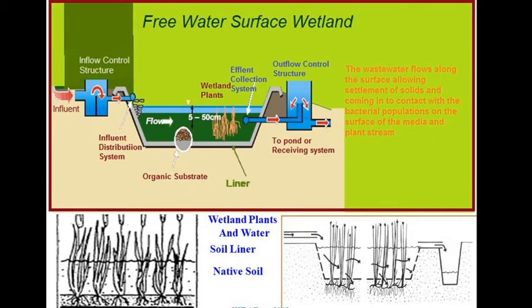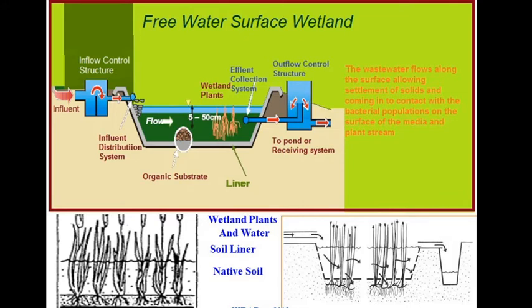Next you can see the wetland plants and the effluent collection system. The green color indicates the flow, and this 5 to 50 centimeter is where the wetland plants treat the wastewater, and finally we receive the effluent at the outflow, to a pond or receiving system.